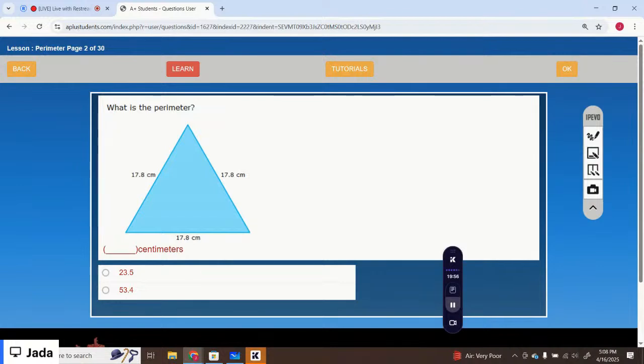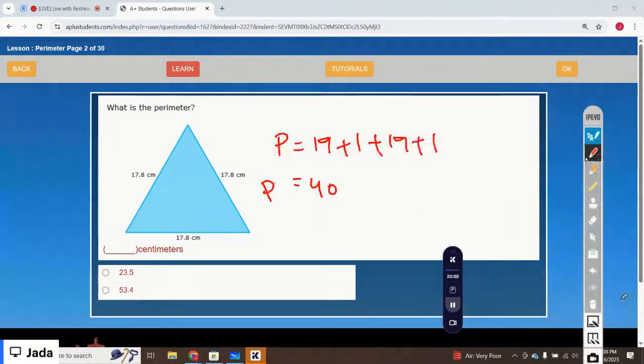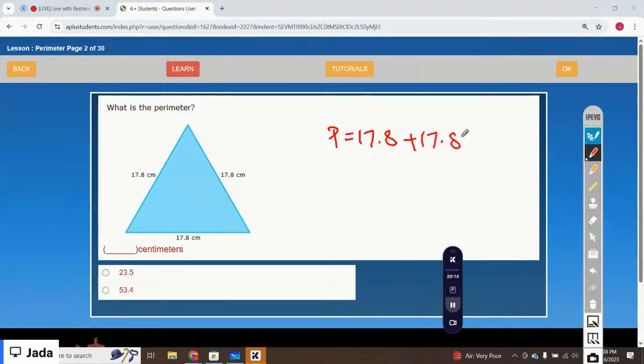What is the perimeter? The perimeter is the sum of all the side lengths, that is 8 plus 17.8 plus 17.